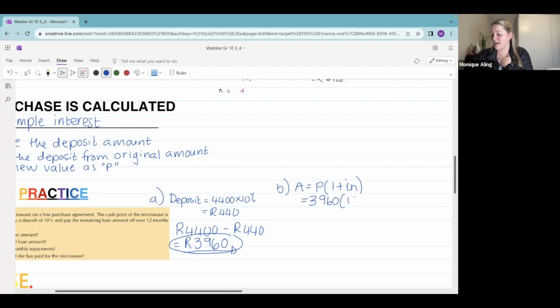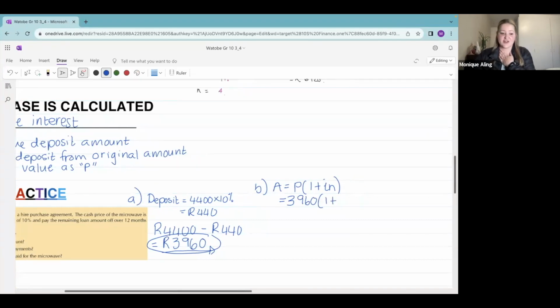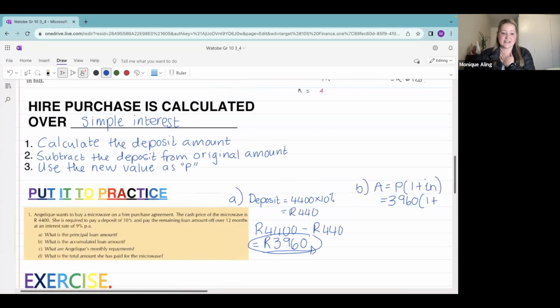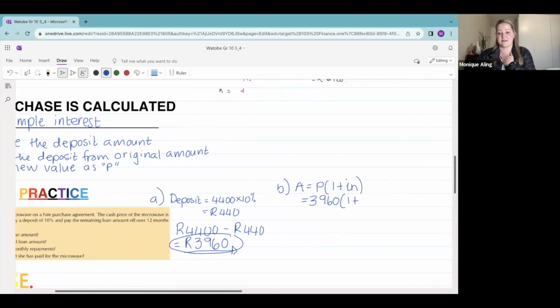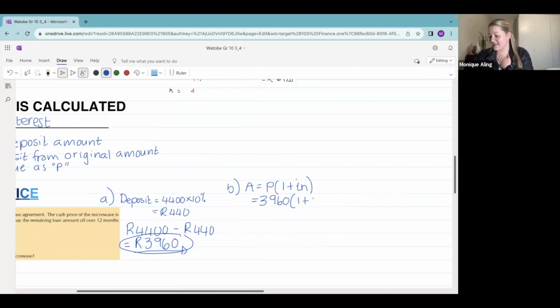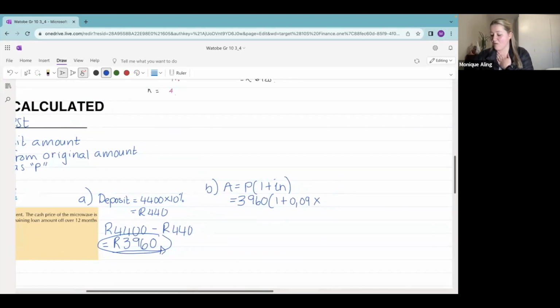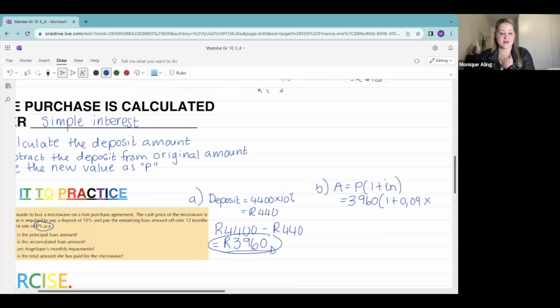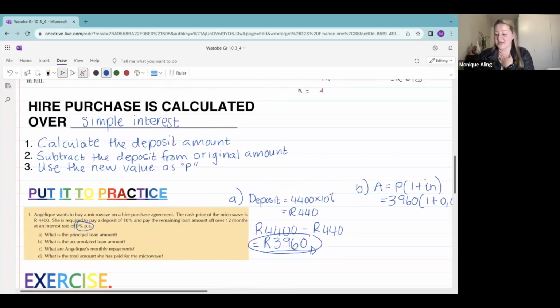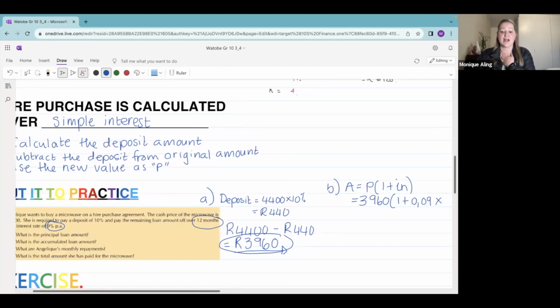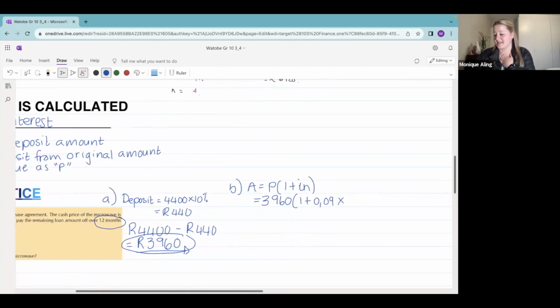I say 1 plus the interest rate, which is 9%, so we can say 0.09, times, and how many years is she paying off this microwave? She's paying off in 12 months, so that means 1 year. So I'm going to say times by 1.